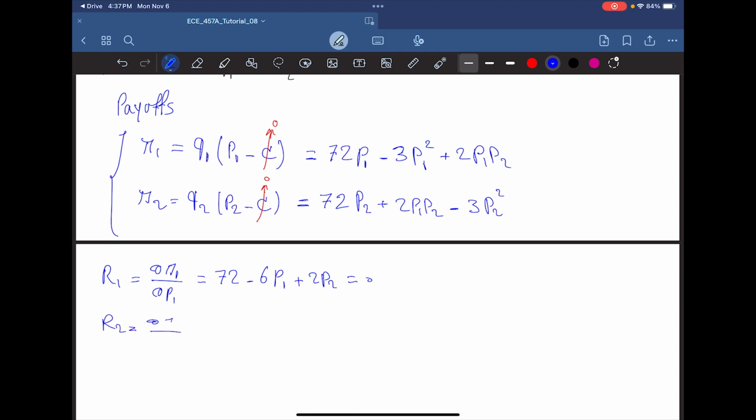R2 is 72 plus 2 P1 minus 6 P2 equals 0. R1 equals R2.